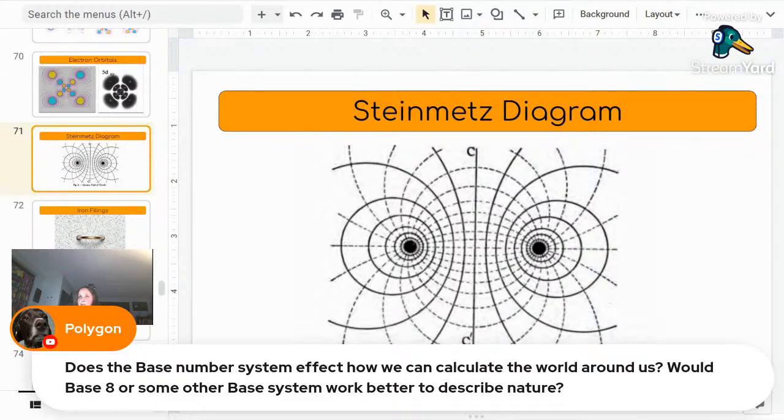I studied a lot of bases, and as a computer scientist, we had to learn how to convert from binary to base 8. Sometimes we went to base 8, and then we'd go to base 16, which is the hexadecimal system, which is really handy. And so that's how I would answer that. The binary system is probably more natural than any other system.